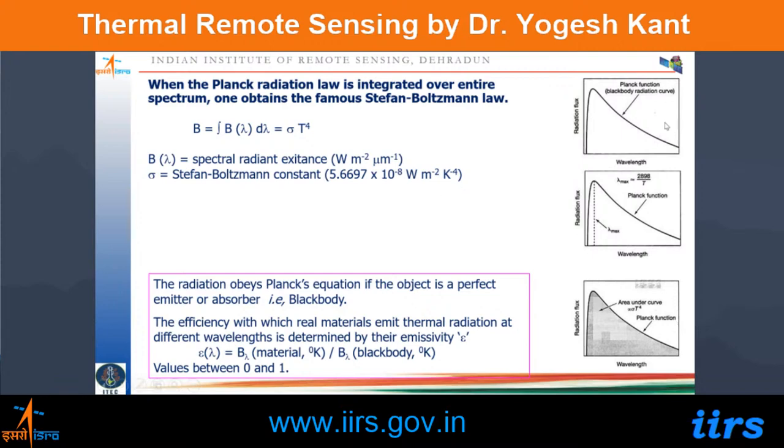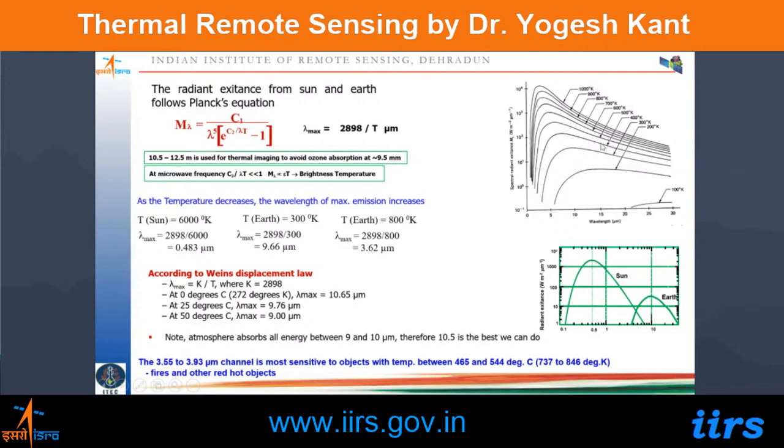For example, take the same curve at 300 Kelvin. This is the maximum energy emitted from a black body, around 50 watts per meter square at 9.7 microns.